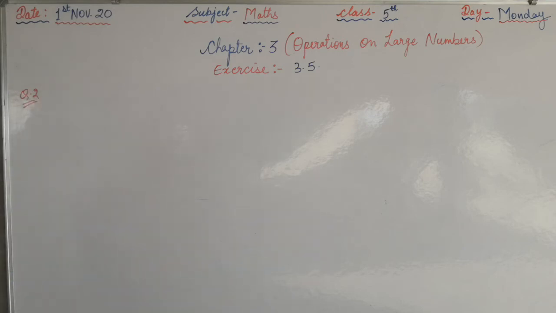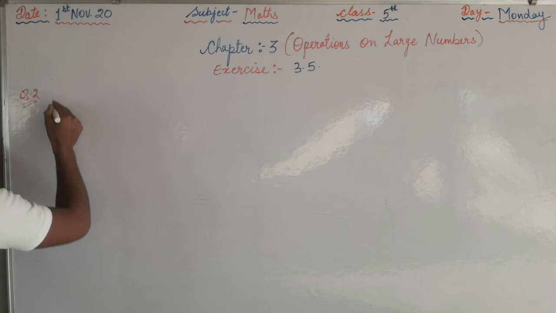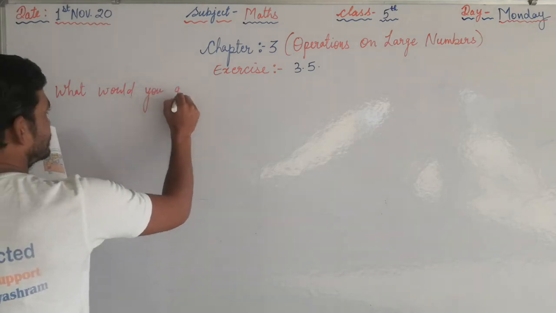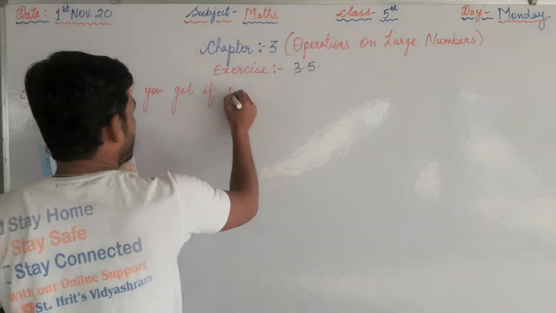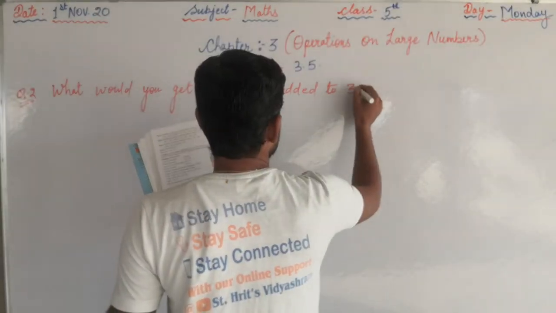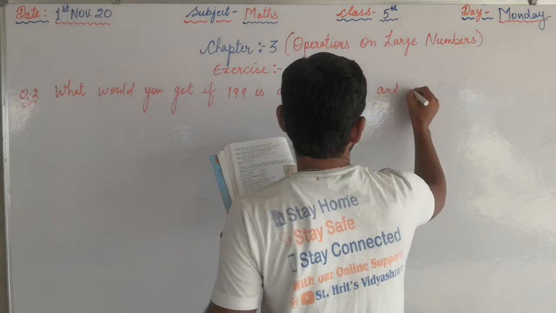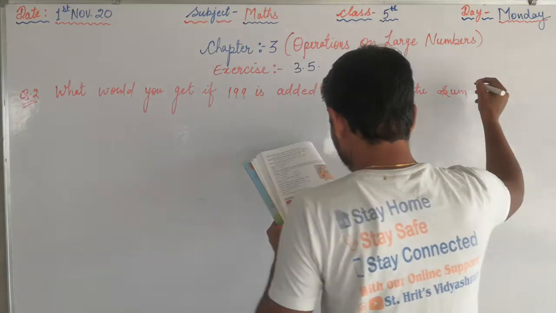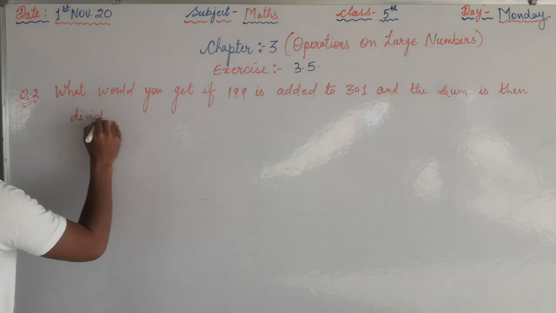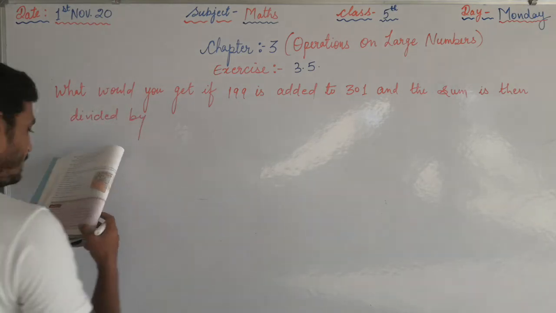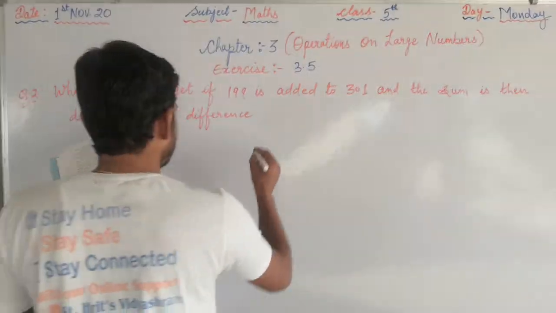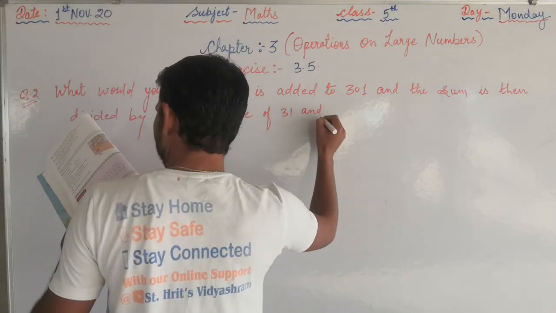See question number 2. What would you get if 199 is added to 301 and the sum is then divided by the difference of 31 and 6.